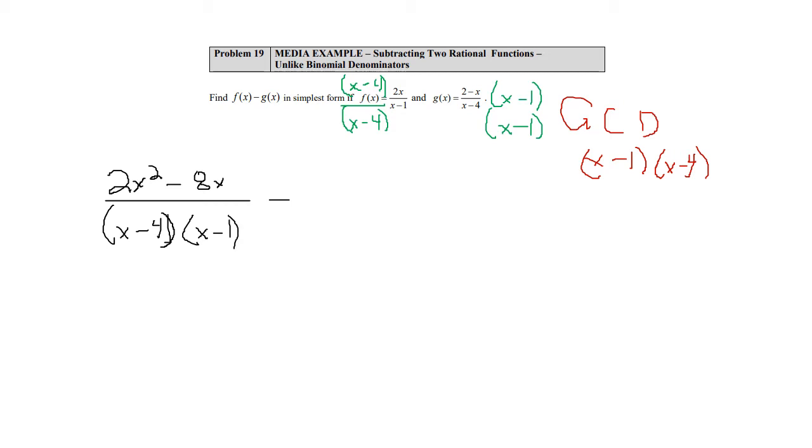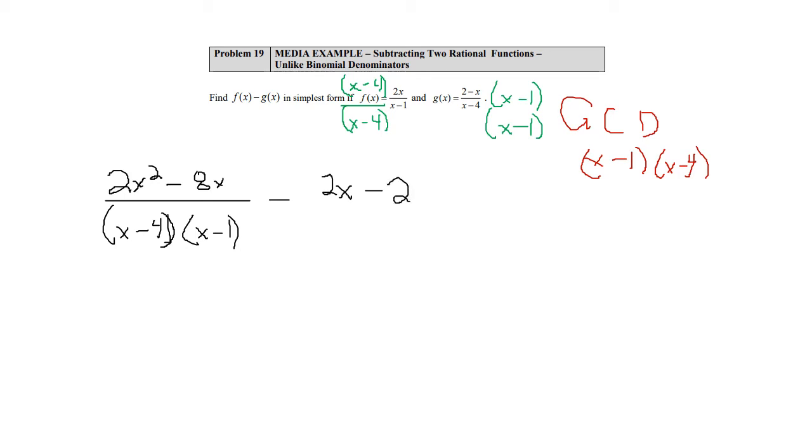Okay, on the right-hand side, I've got 2 minus x times x minus 1. What I'm going to do is go ahead and multiply this out because I think I can combine it with some of the things on the left-hand side. And then at the end, after they're combined, we'll see if I can factor it again. So this is going to give me 2 times x is 2x, and then 2 times negative 1 is going to be minus 2.